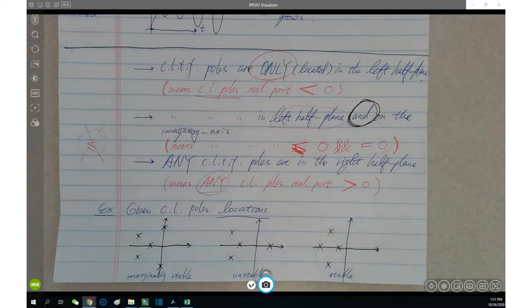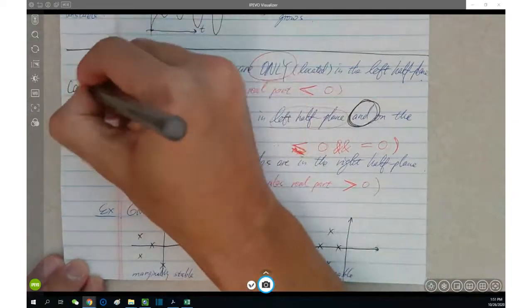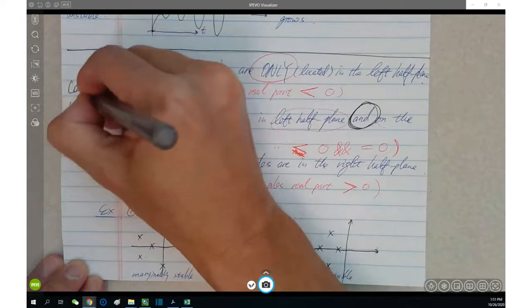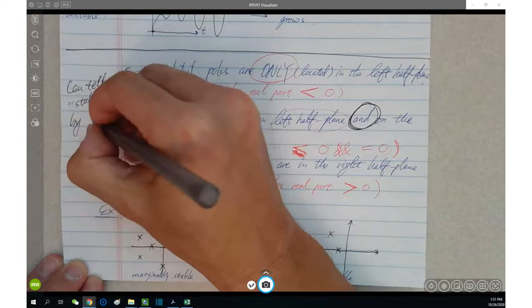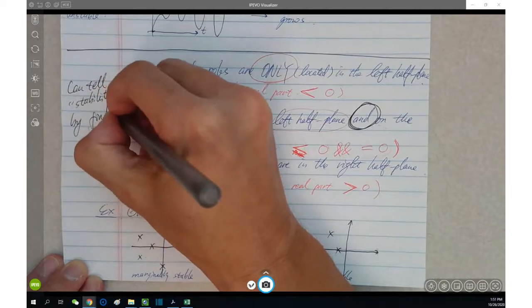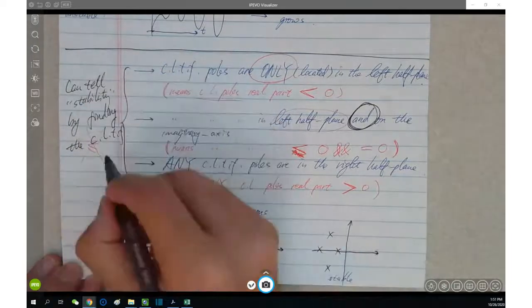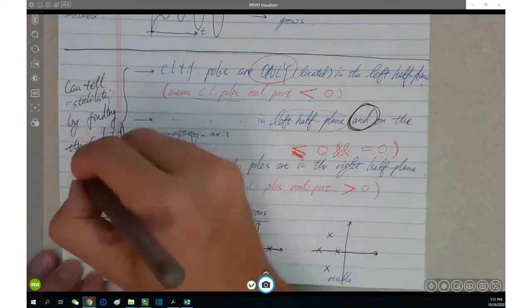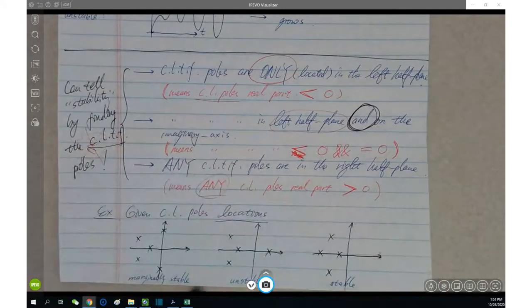Therefore, what can we do? We can tell stability by finding, once again, the closed loop transfer function poles.